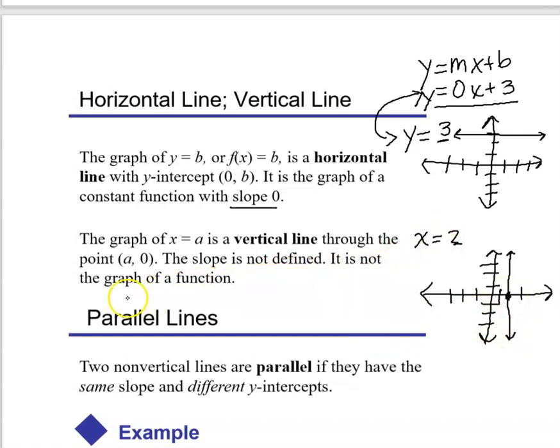If we talked about, remember that it says the slope is not defined. So when you do y equals mx plus b, it doesn't have a slope.